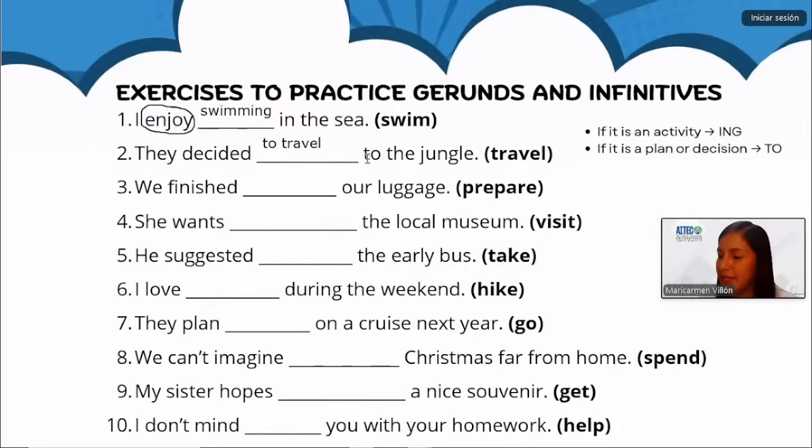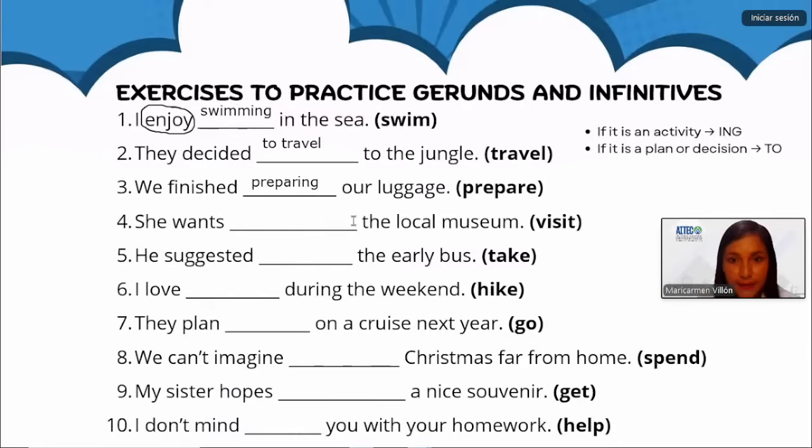Very good. Con ing. Thank you, Félix. Con ing. Sí, está bien. We finished preparing our luggage. Preparing. Terminan, reemplazo esa E por I, N, G. Ahí está. Sí, es una actividad. Recuerden actividades. Eso es, al verbo se le agrega ing, eso es un gerundio. Vamos con la cuarta.